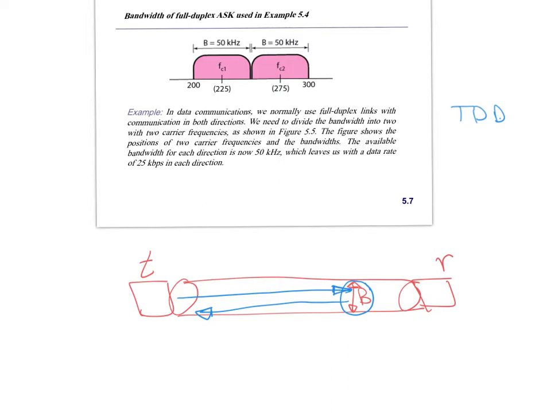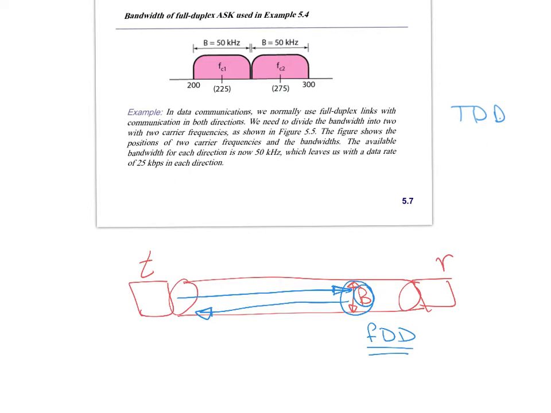If we want to use the communication in both directions at the exact same time without having any collision, then as we said in Network 1, we have to use different frequencies. So we have to divide the bandwidth for both directions, and this is what we call frequency division duplex. Is the difference clear? Any confusion about the difference between these two?